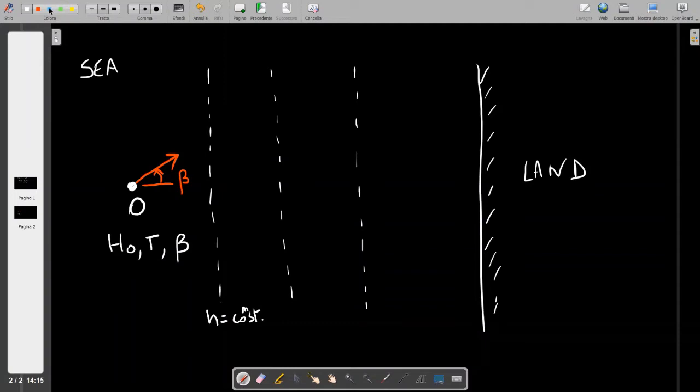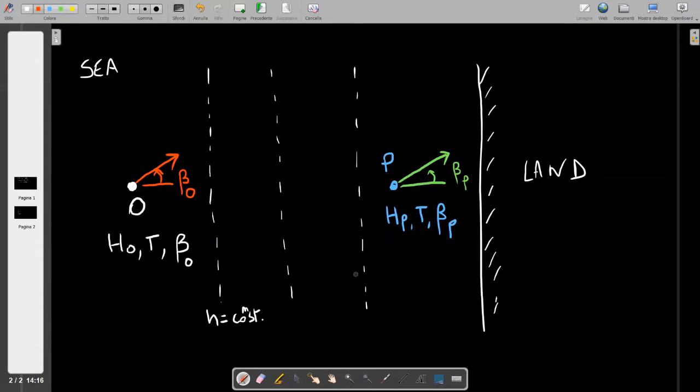Now the problem is to compute the wave parameters in a point located close to the shore, where the unknown parameters are the wave height, HP, the wave period, that of course is the same as offshore, and the wave angle beta P. Of course this is beta O. And then here we have another direction, that is beta P, that is different in general from this one.